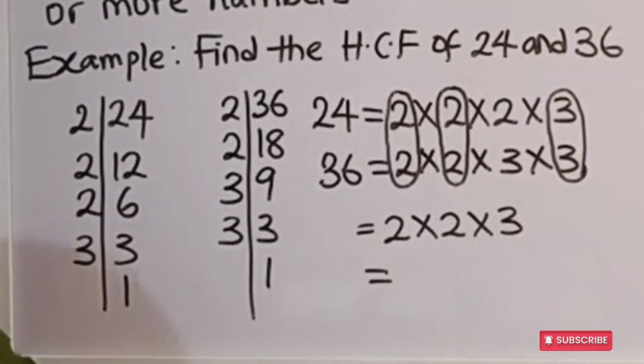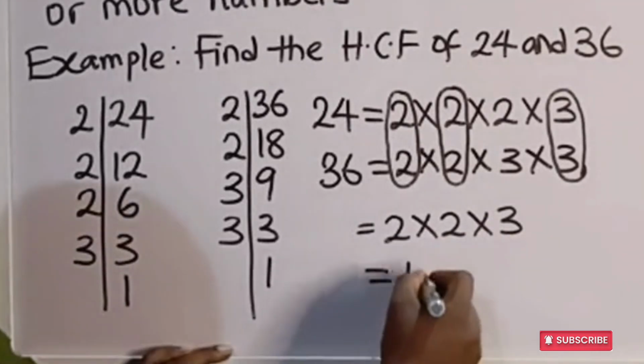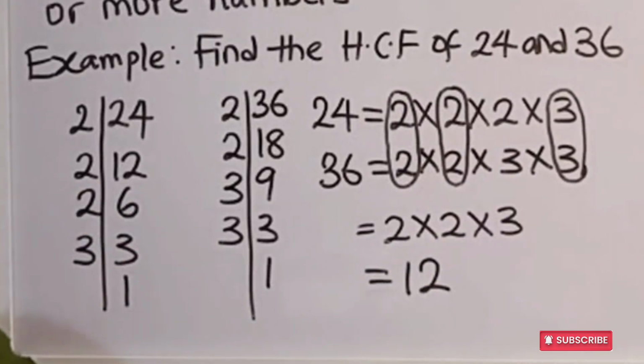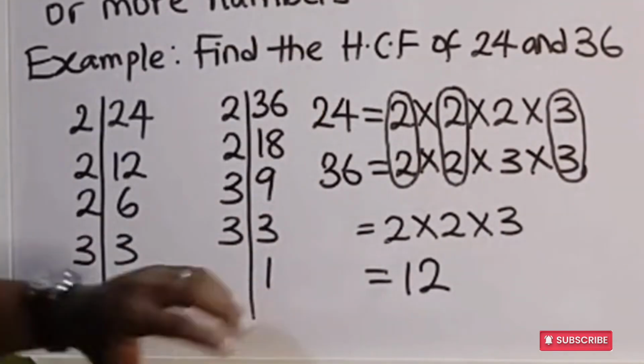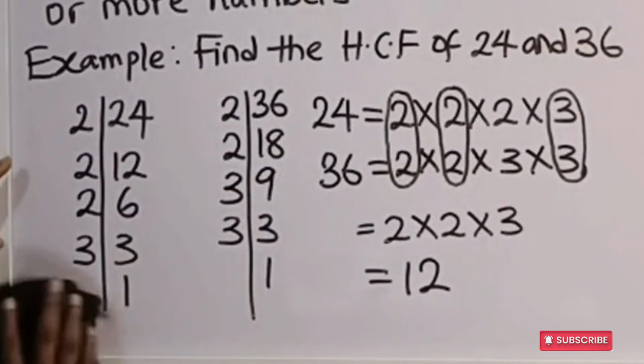And what do we have? 2 times 2 gives us 4. 4 times 3 gives us 12. So we can still see that the HCF is equal to 12. So doing it this way, you're also going to get 12. Let's try out larger numbers. We are going to use this method to solve for larger numbers.